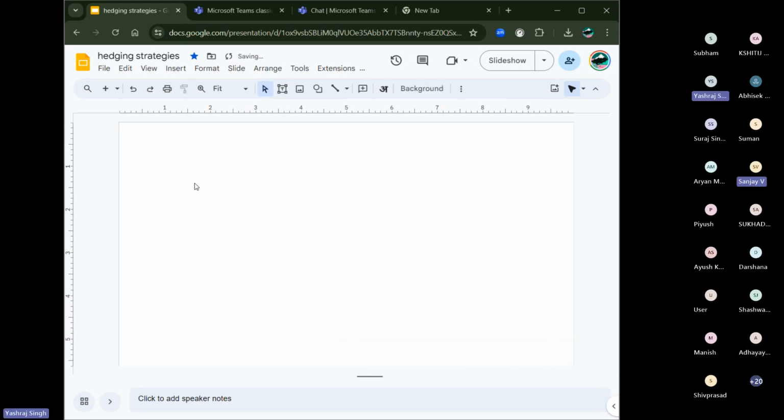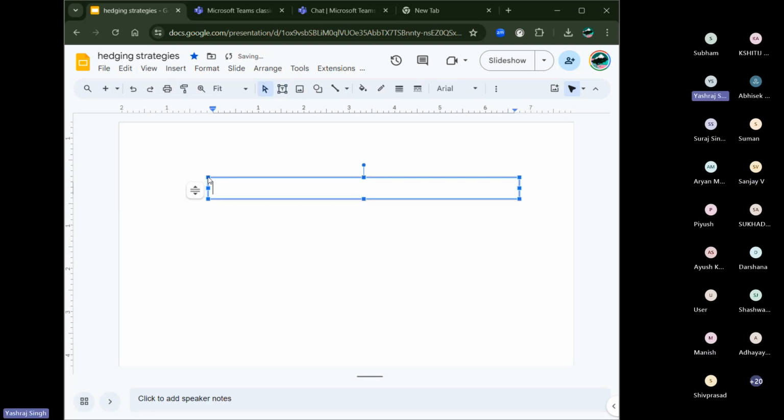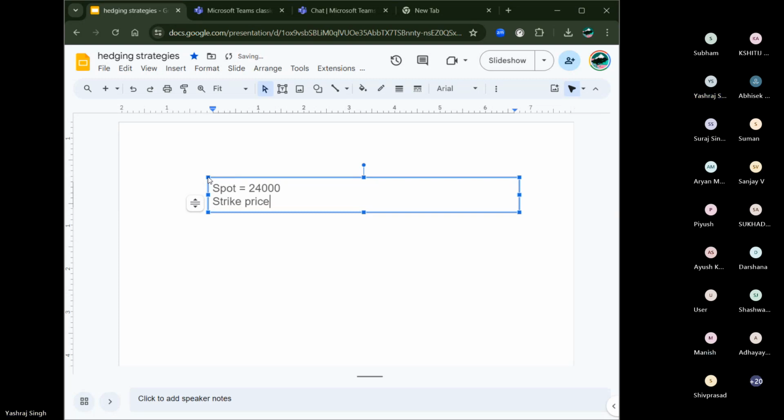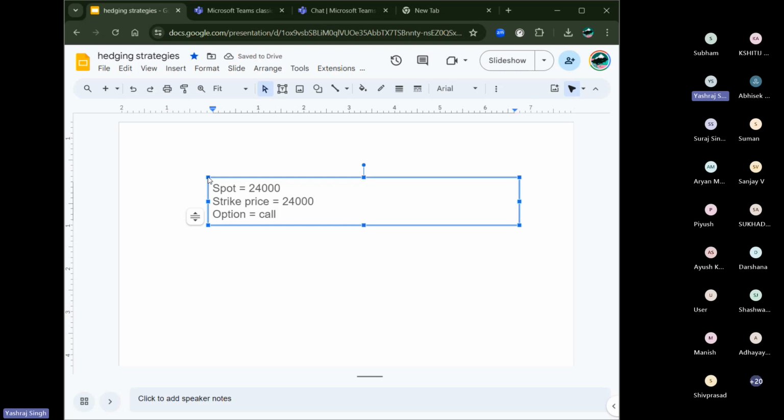So let's say the spot price is 24,000, and the strike price is also 24,000, and the option type is call. A call will always have a delta between 0 and 1. A put will always have a delta between 0 and minus 1.